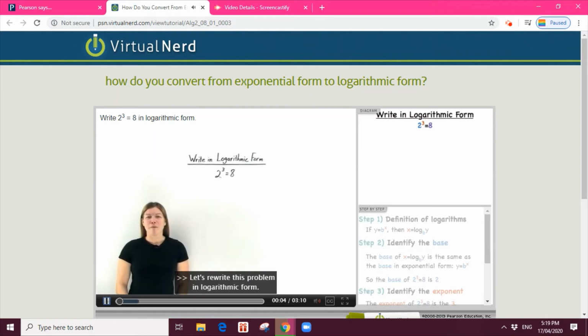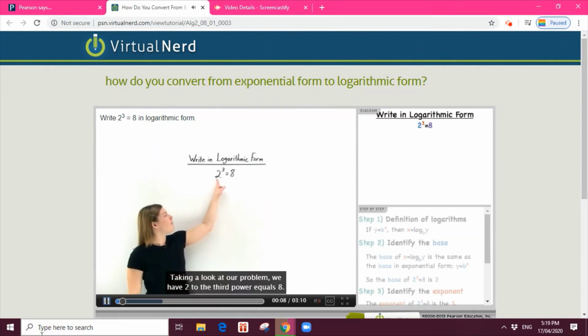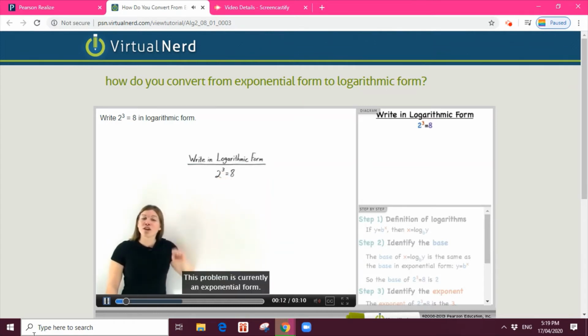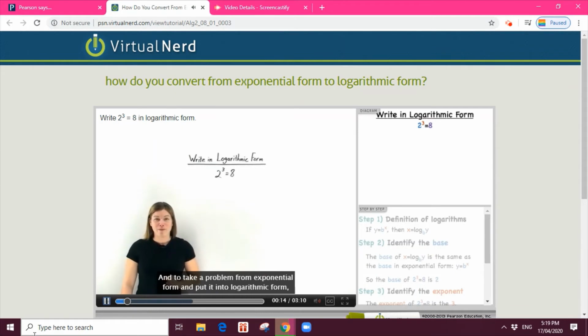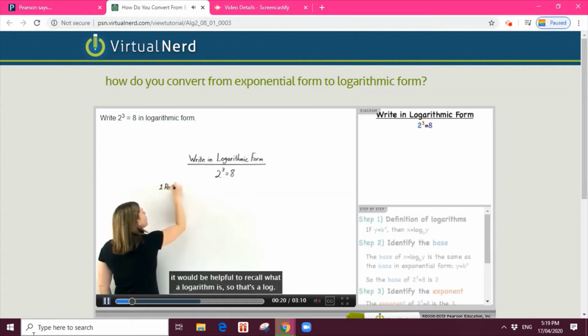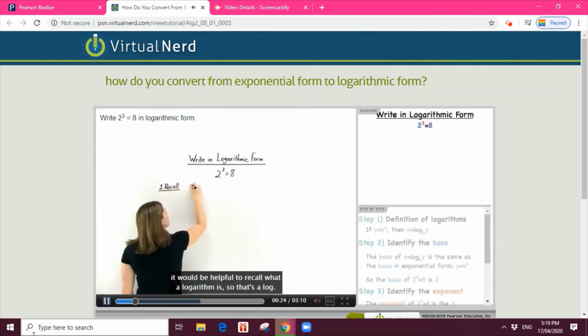Let's rewrite this problem in logarithmic form. Taking a look at our problem, we have 2 to the 3rd power equals 8. This problem is currently in exponential form. And to take a problem from exponential form and put it into logarithmic form, it would be helpful to recall what a logarithm is. So what's a log?